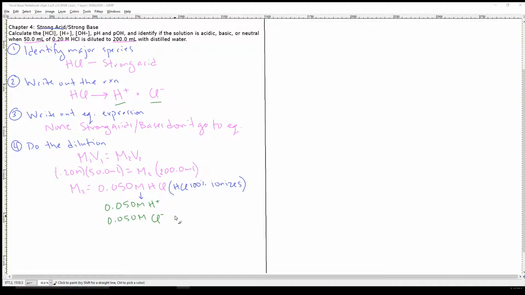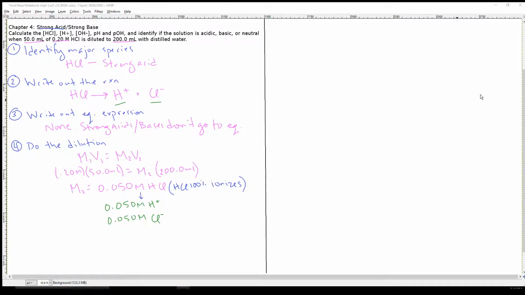Now, if you're wondering how I know that these two are equal to each other, you could just do mole ratios. You could say for every one hydrochloric acid, there is one hydrogen within it, and for every one hydrochloric acid, there is one chloride ion within it. So it's all 1 to 1.